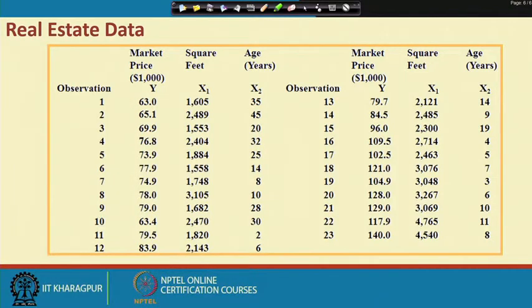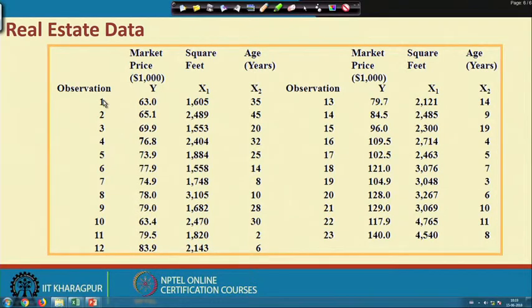Now in this case obviously we cannot keep the same sample size, we must have more sample points. In the first problem we used a sample size of 12, and here we are using a problem with 23 samples. These are all sample observations: the first 12 observations, and the remaining observations up to 23.